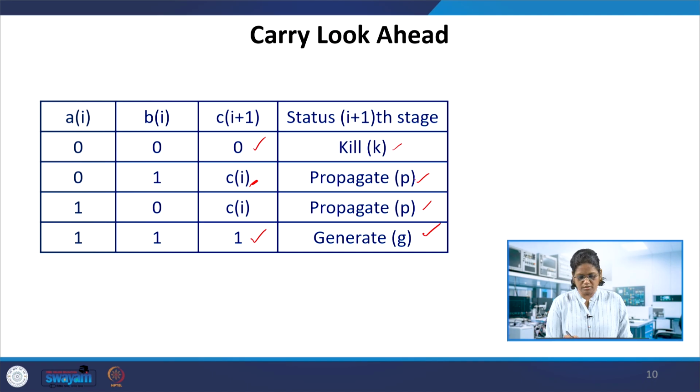We call this P and G, and additionally if the carry is not involved, then they call this kill or K. So using that logic, we can generate this carry, propagate and generate. Using the table and the prefix computation, we can have the carry look ahead here.